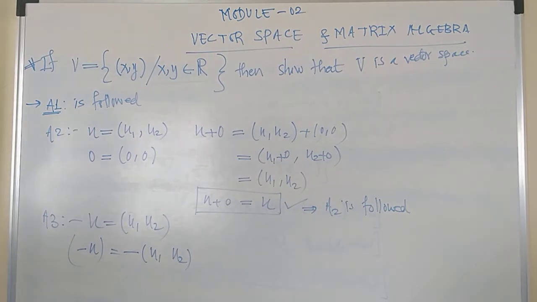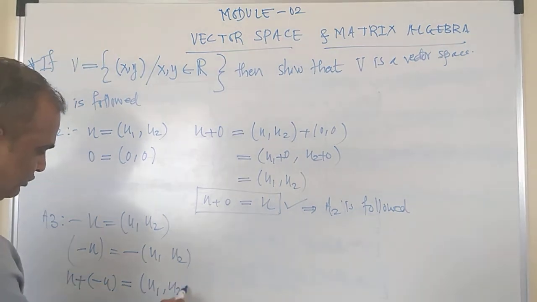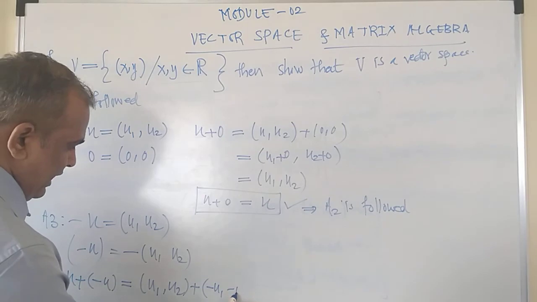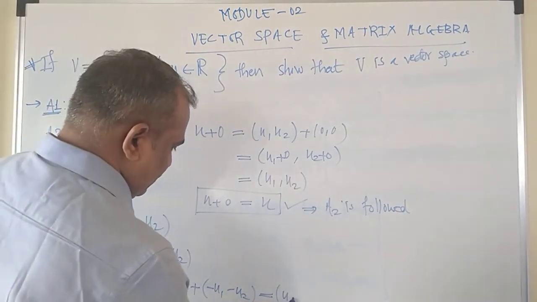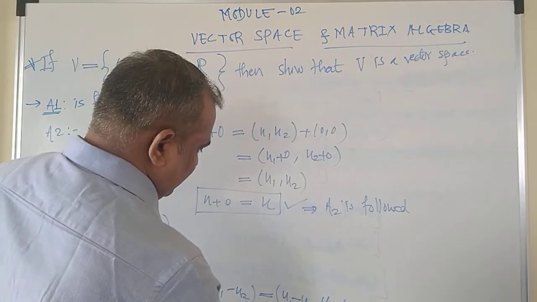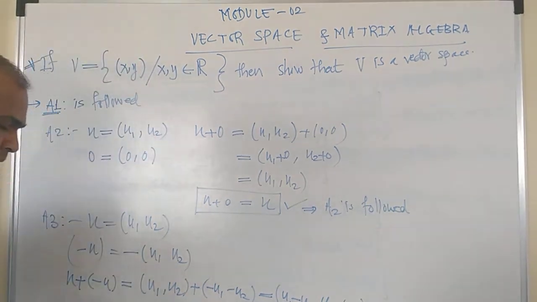If these are the two vectors, then the addition u plus minus u is equal to u1 u2 plus minus u1 and minus u2, and its addition will be equal to u1 minus u1 and u2 minus u2, right?